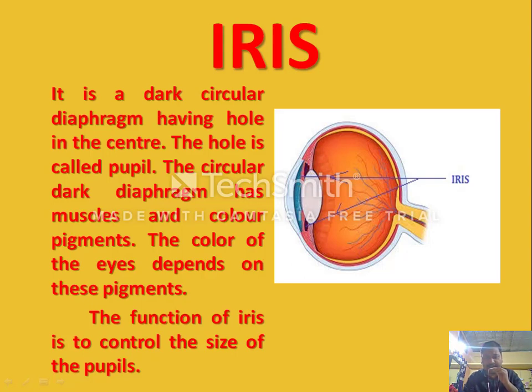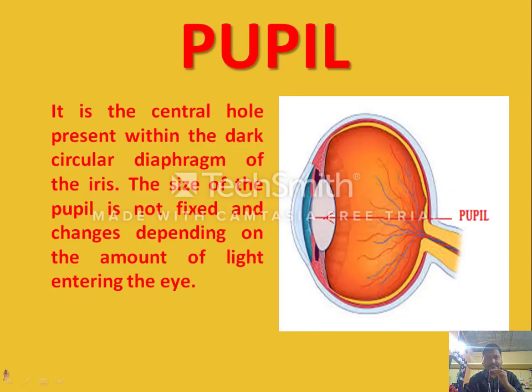This opening is called the pupil. Through the pupil, light enters the lens. In front of the lens, there is the iris with a circular opening known as the pupil. But the size of the pupil is not fixed. It changes according to the amount of light entering the eye.